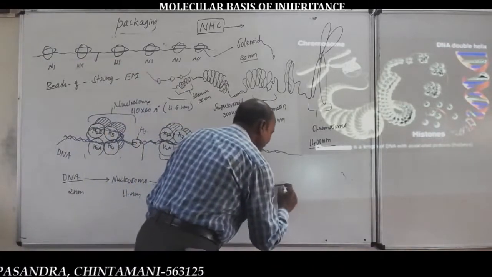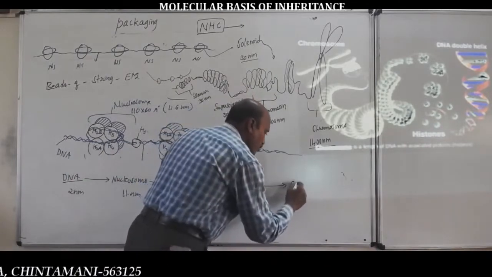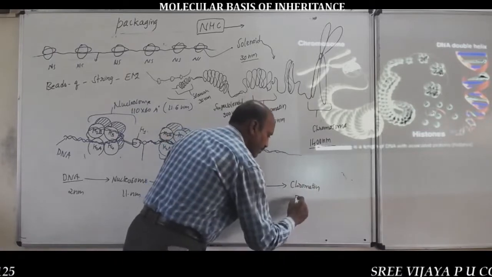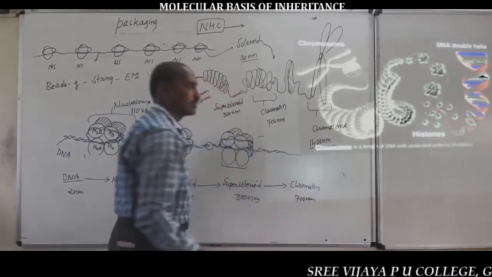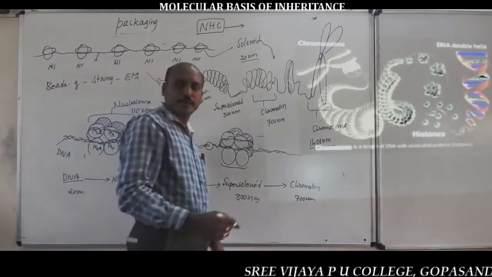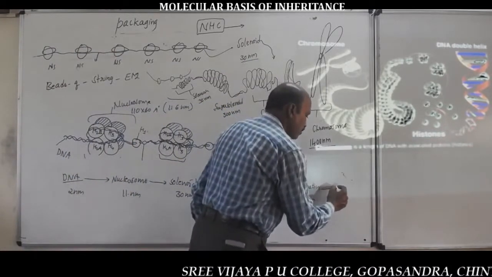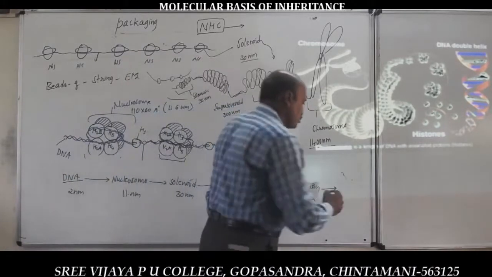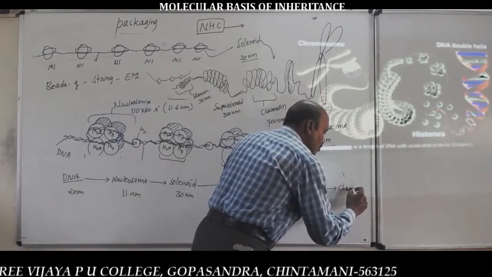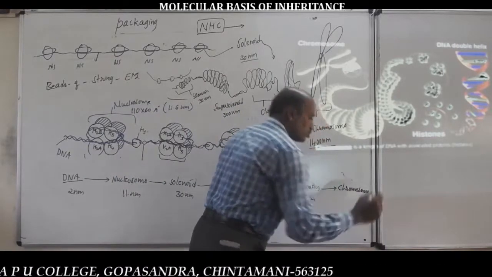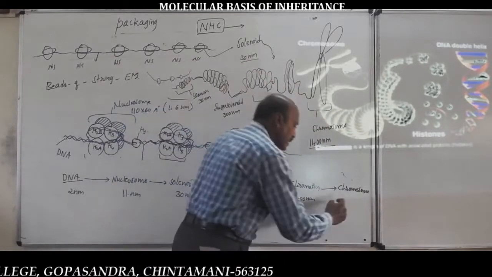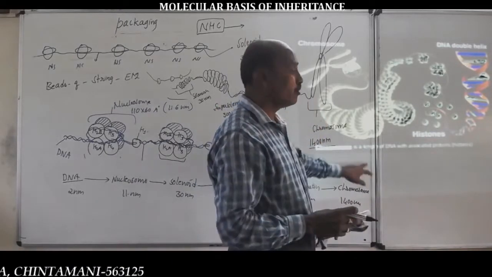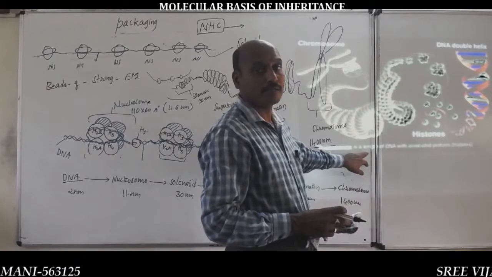The super solenoid is again condensed to produce chromatid or chromatin with 700 nanometers, and this chromatin fiber from prophase enters into metaphase at a higher level to produce a rod-shaped structure called chromosome, with a diameter of 1400 nanometers. Listen here, students.